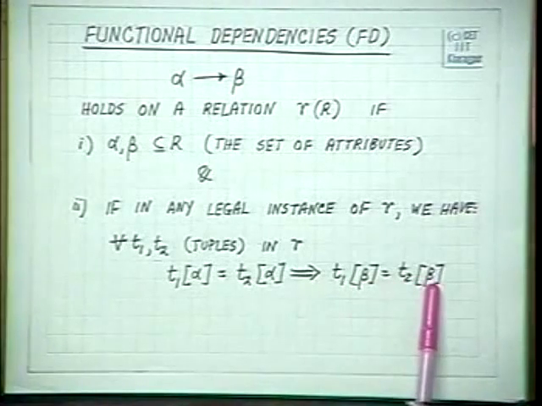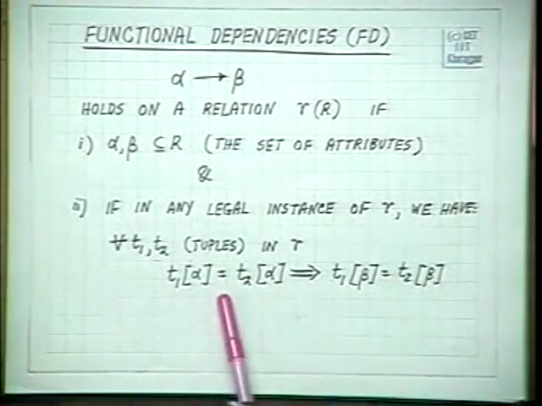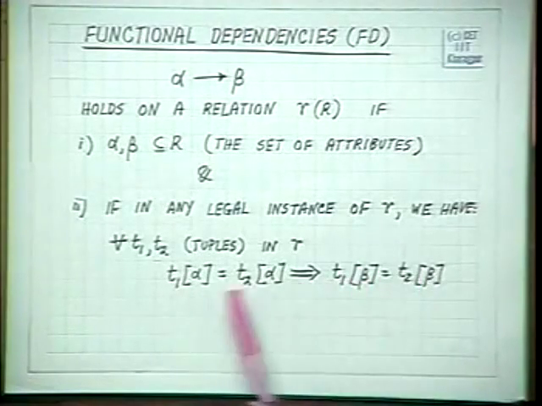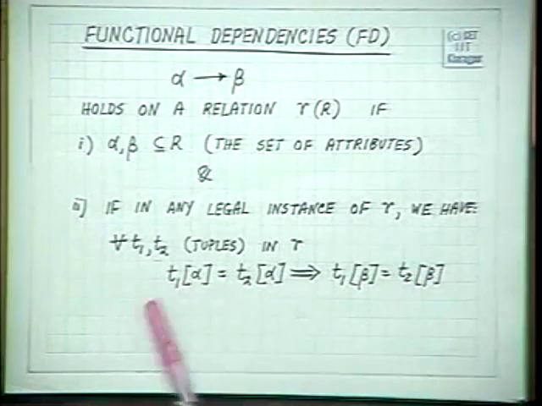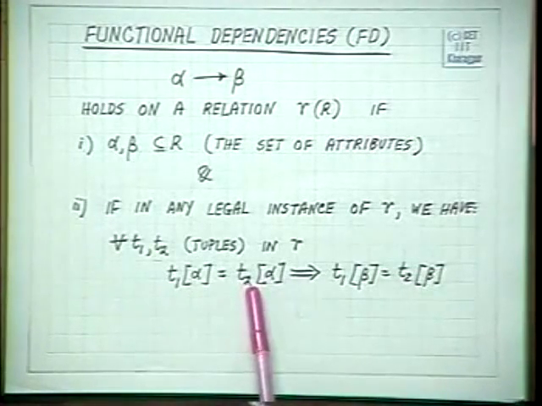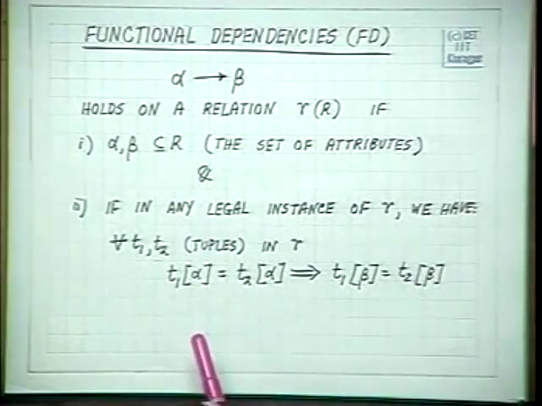But if these two are equal, this must be equal, which also means that if these two are unequal, this must be unequal. It is the same meaning. So, this is the definition of what a functional dependency is.